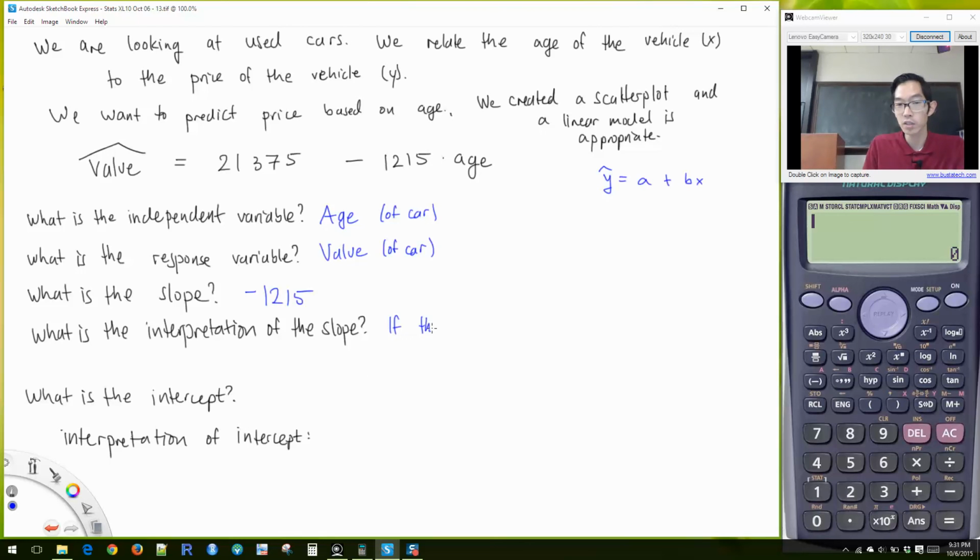If the age of the car goes up 1 year, okay, so that's adding 1 to x.